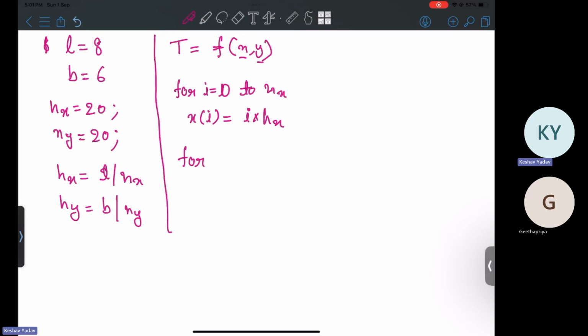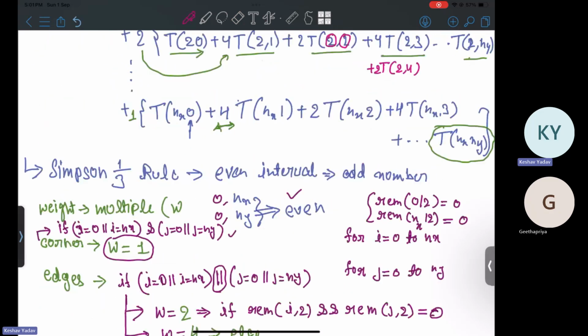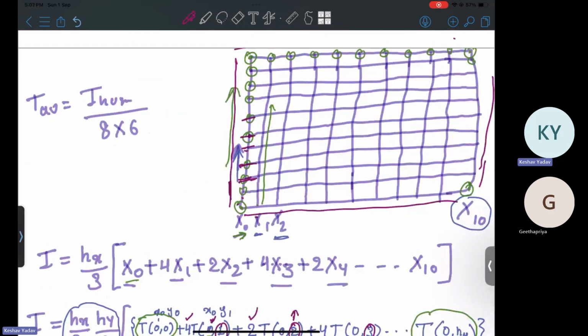Similarly, for j equal to 0 to ny, y of j will be equal to j multiplied by hy. So now I have defined T, y, x. It means I have created this grid.